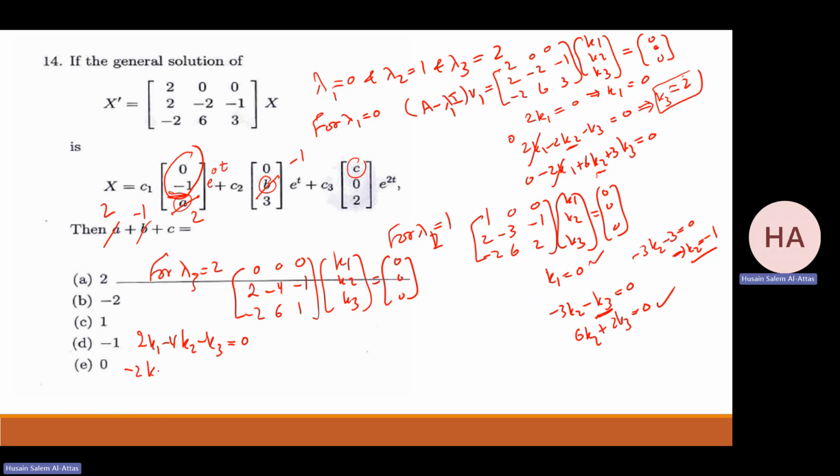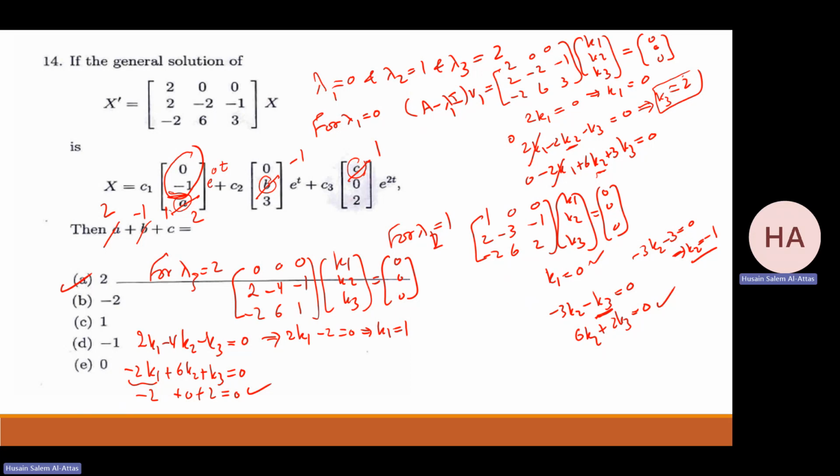I have the second one, so I solve the other one for me to check. From here, I have K1 is C, so I have 2K1, K2 is 0, gone. K3 is minus 2. So K1 equal 1. Check from here: if this is 1, I have minus 2, this is 0, so plus 0 plus 2 equals 0. So that's correct. So C is 1, so I have plus 1, and the answer is 2.